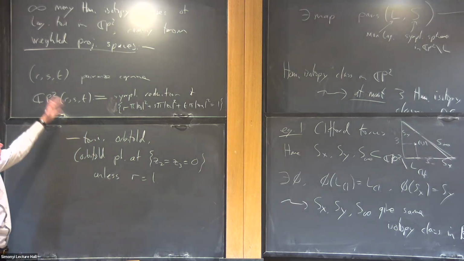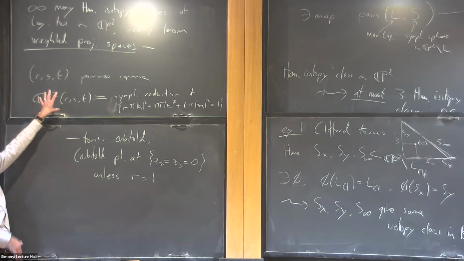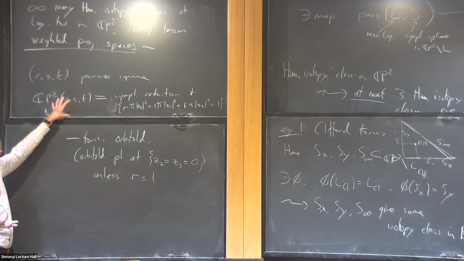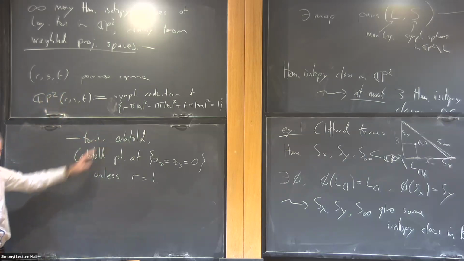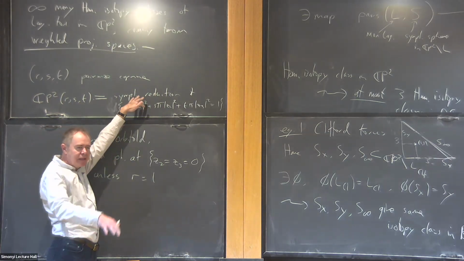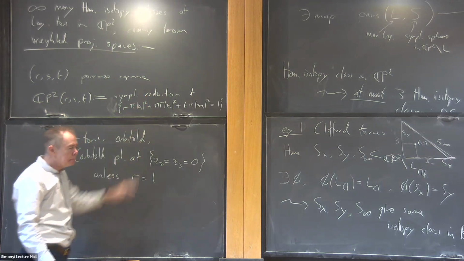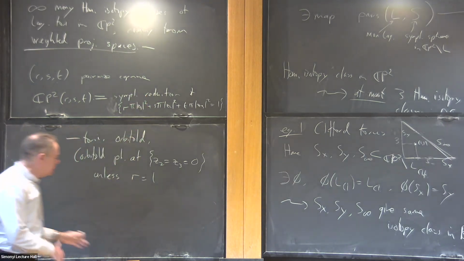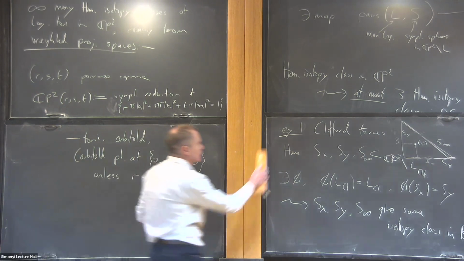So these are the weighted projective spaces. We can think of them as toric symplectic orbifolds. And the moment image is basically just this plane in R3.